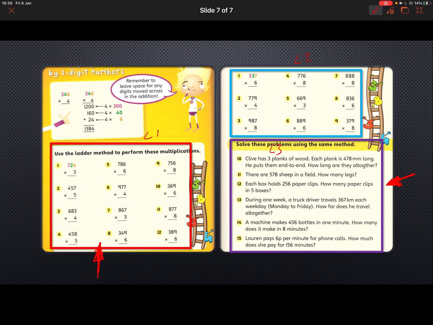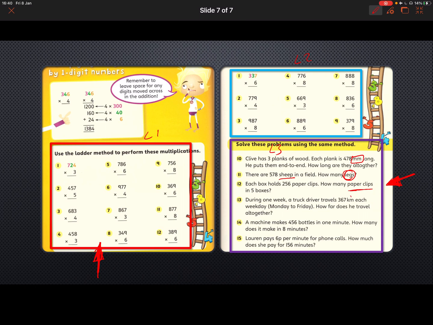I don't just want a number. I want to have Clive's pieces of wood are something all together. And also remember units. If it's in millimeters, give me an answer in millimeters or centimeters. If it's in sheep, give me an answer in sheep. Oh no, not in sheep, sorry, it's in legs, isn't it? Give me an answer in legs. This one's in paper clips, so tell me how many paper clips.